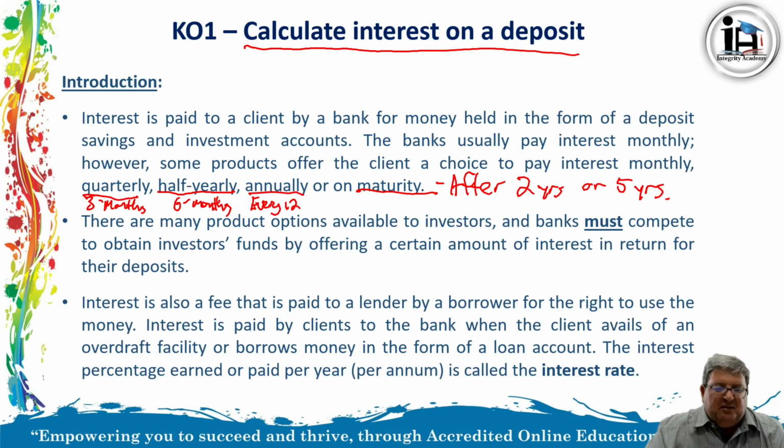Okay. There are many product options available to investors, and banks must compete to obtain investors' funds by offering a certain amount of interest in return for their deposit. That's why the banks will fight. They want your money. Because with your money, they pay you a smaller percentage of interest. They loan it to other people. They charge a higher percentage of interest.